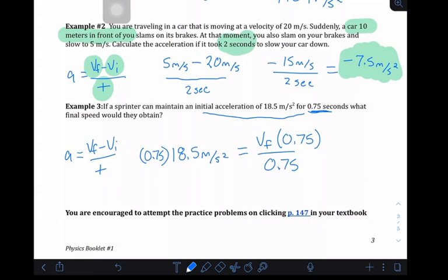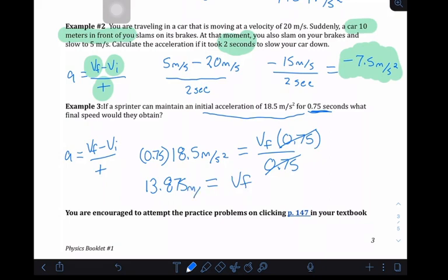Because divide by 0.75 times 0.75 cancels. And on the left side, I just need to take 18.5 times 0.75, and that gives me 13.875 as my final velocity.